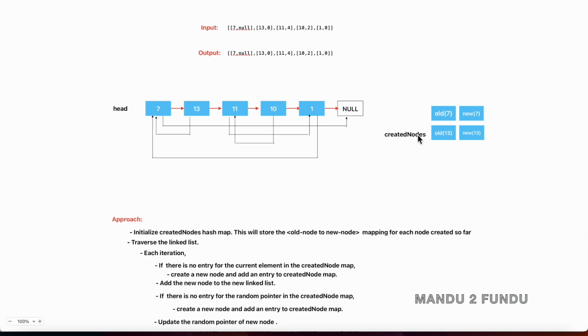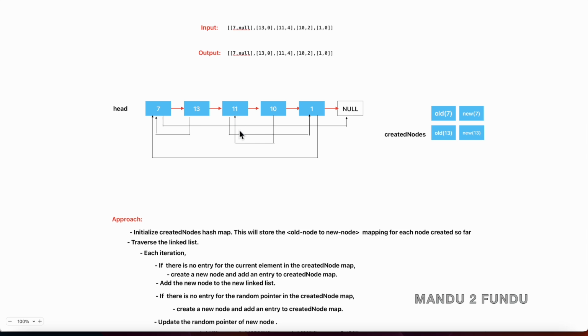After creating a copy of this node, the next thing we have to do is, if the random pointer is not null, for example in this case the random pointer is pointing to node 1, then we check whether there is an entry in the created nodes map for this node. If not, then we simply allocate a new node, copy this value, update the created nodes map, and then update the random pointer of the new node created for this node.